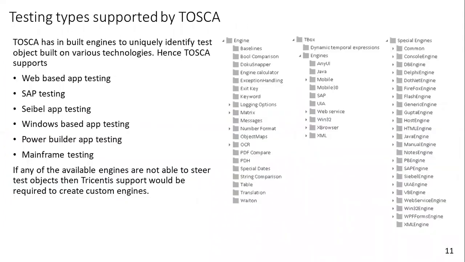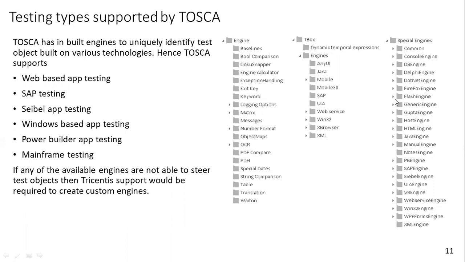Okay, now how does Tosca identify various types of applications? Selenium identifies only web applications. In order for Selenium to work over different types of applications, it needs different libraries. Here also, libraries are considered as engines. Can you see? You have the DB engine, console engine, common engine, Delphi engine, .NET engine.